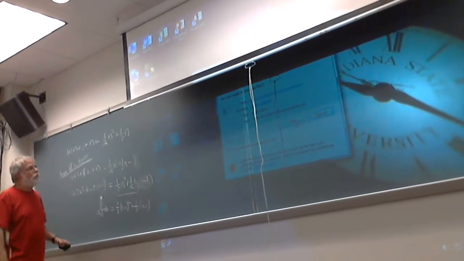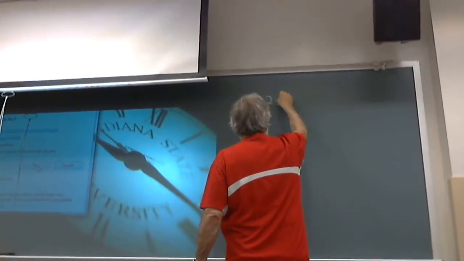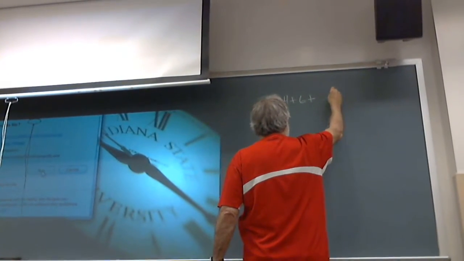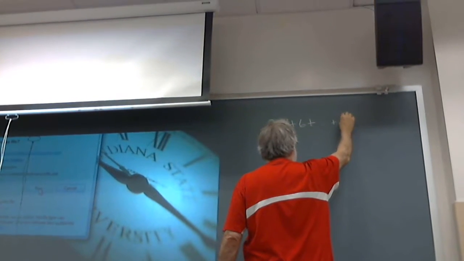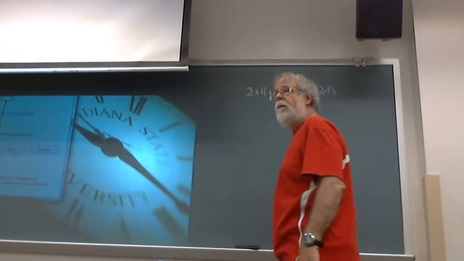Yeah, there was also, we had, 2 plus 4 plus 6 plus ... plus, this is where it gives it away, 2 times n.